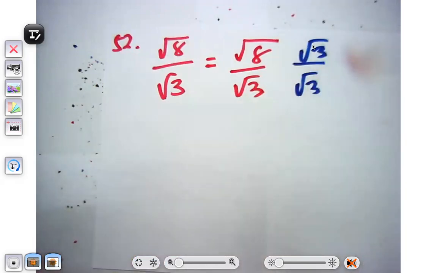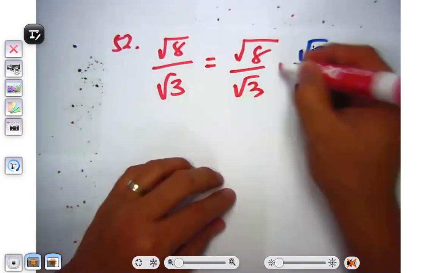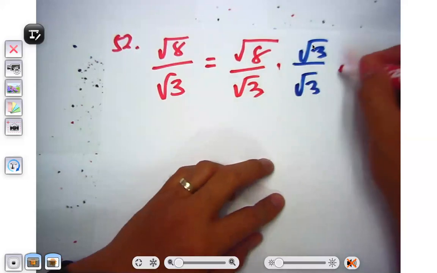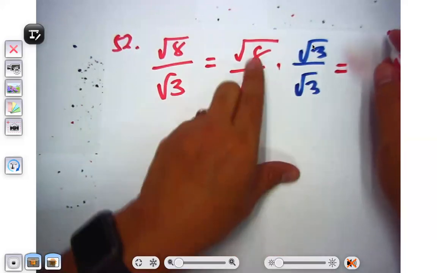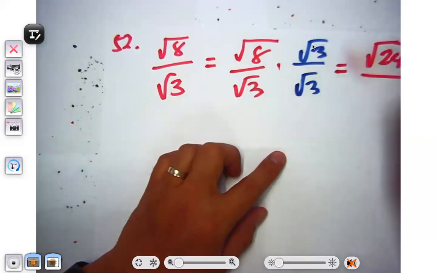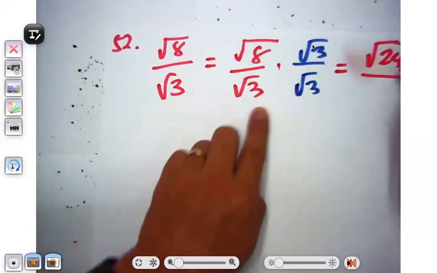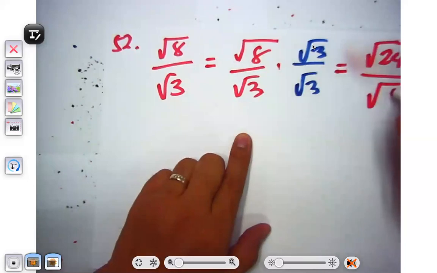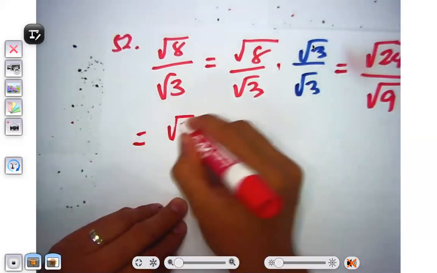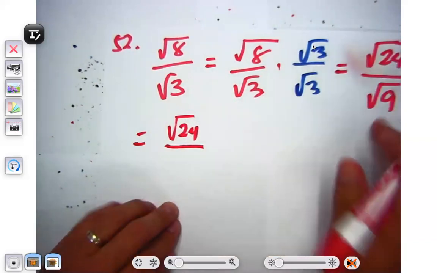Okay, so we have square root of 3 over square root of 3. Can we multiply this? Both are radicals. So we have 8 times 3, 24, and 9. And then we have square root of 24 over the square root of 9, which is 3.